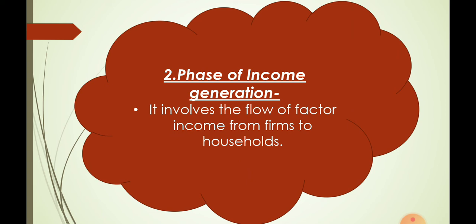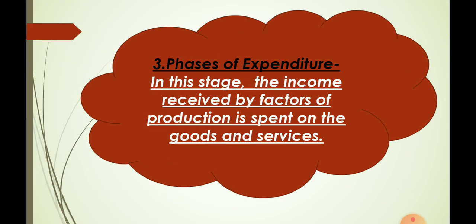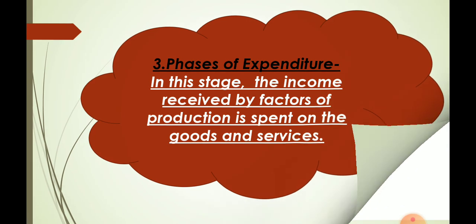So in this way, it involves the flow of factor income from firms to households. Next, and last, is the phase of expenditure. Here, the household sector expends its factor income on the purchase of goods and services. So in this phase, the income received by factors of production is spent on goods and services.